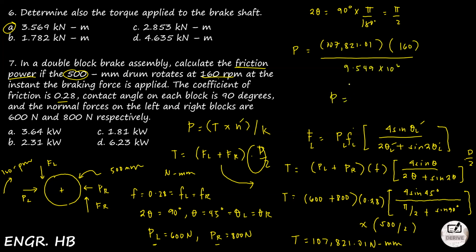So our power should be in kilowatts. So that was yung nakuha mong torque kanina, multiply mo ng 160 and divided by 9.549 times 10 raised to 6. So the power is 1.81 kilowatts. So the answer is, ayan, letter C, 1.81 kilowatts rounded off.